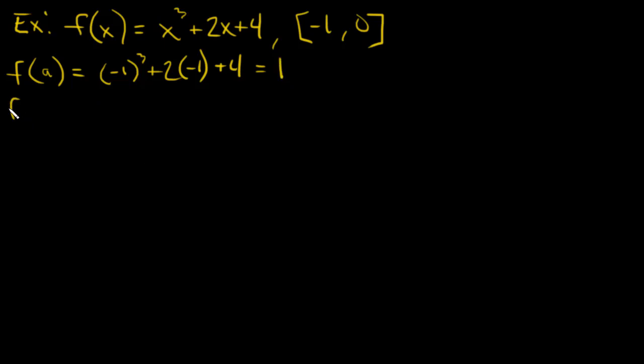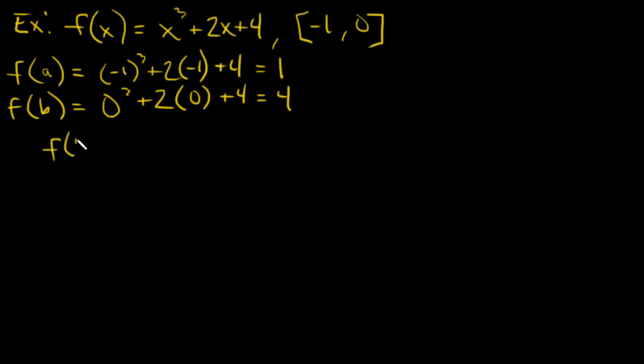And f of B is going to be 0 cubed plus 2 times 0 plus 4. Well, 0 cubed is 0 plus 0 plus 4 is equal to 4. Okay? So now I set up f of b minus f of a over b minus a.